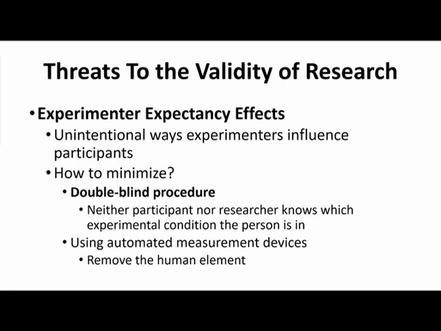If we make sure that the people taking part in the experiment don't know what the experiment is about, that can help reduce expectations. Or we can reduce the human element on the experimenter side and use an automated measurement device so that the researchers themselves don't expect anything and don't have that expectation influence what they're measuring. So lots of different ways that we can counteract this.